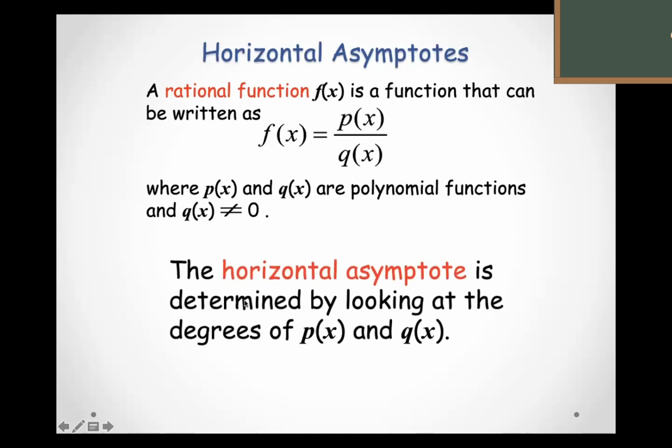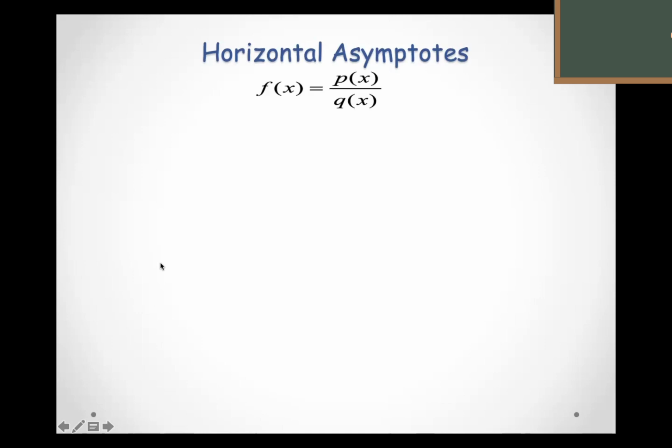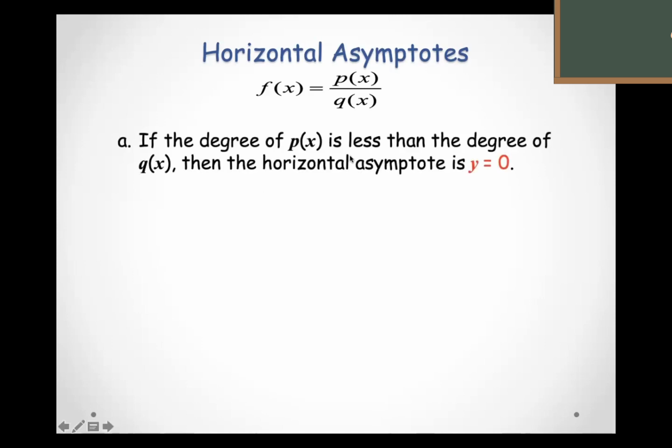Okay. While the horizontal asymptote can be determined by looking at the degrees of p of x and q of x. The degree is the highest exponent. If the degree of p of x is less than the degree of q of x, meaning the degree of the numerator is less than the degree of the denominator, then the horizontal asymptote is automatically y equals 0, along the x-axis.